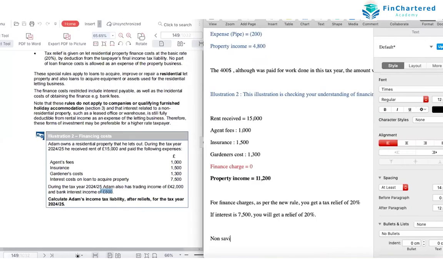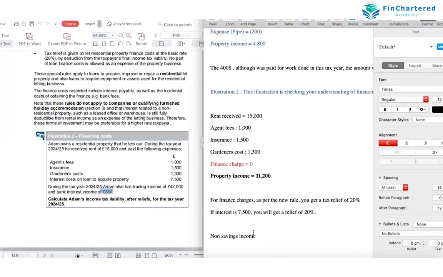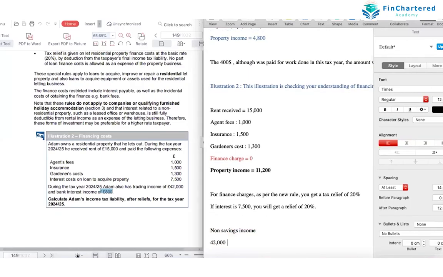So non-savings income he has, how much is it? 42,000, right? I hope this is clear. And he has property income also of 11,200.